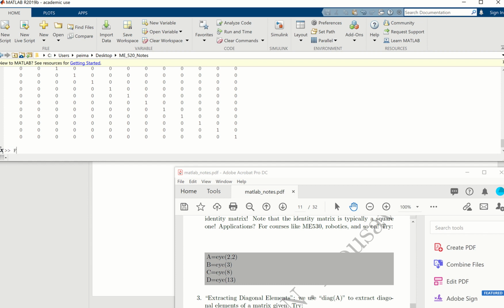So what if I say F is I of 2 and 3? Huh? It's going to be a bizarre form of identity matrix. It has 2 rows and 3 columns, but this is a non-square matrix. I'm going to talk about this if you go to grad school, ME 696 linear system theory.